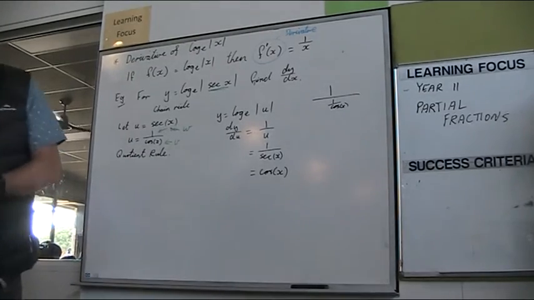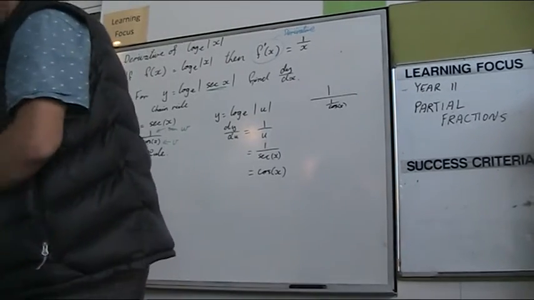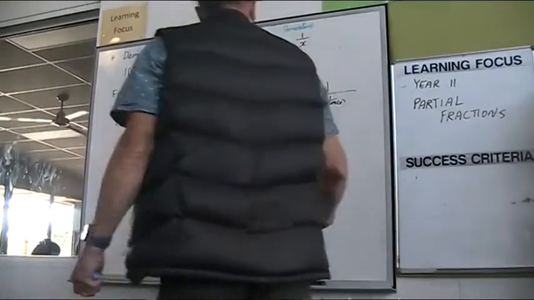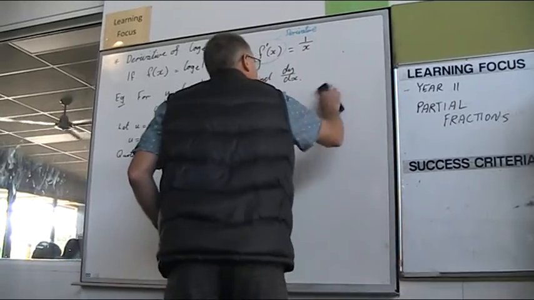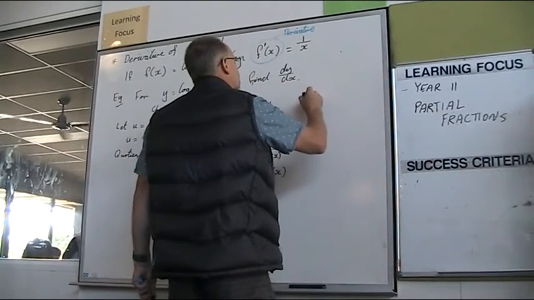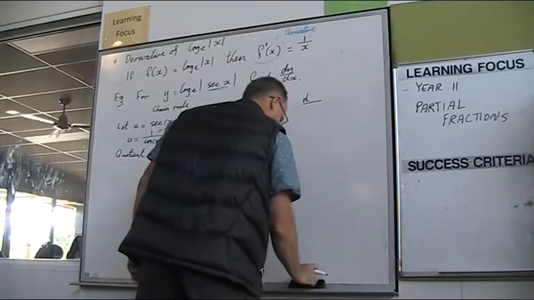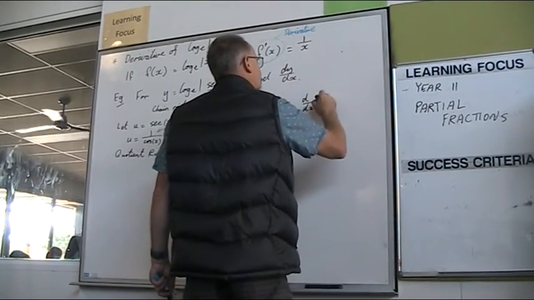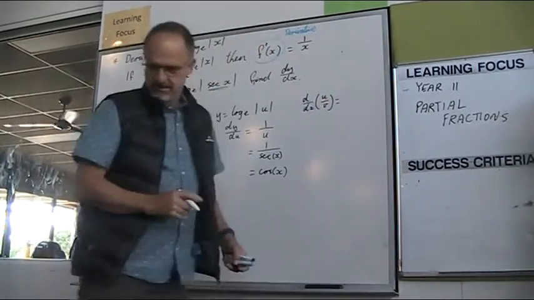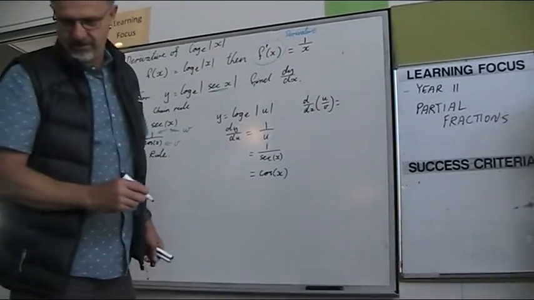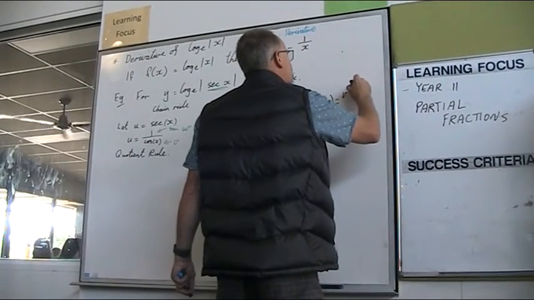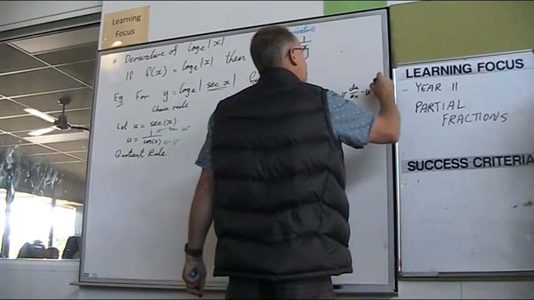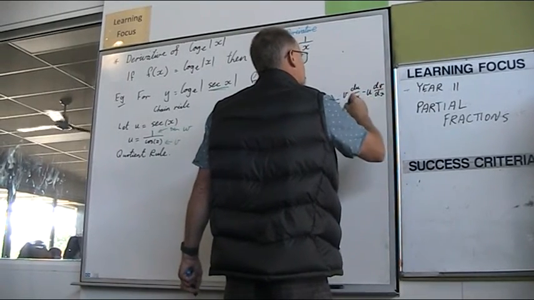All right, so quotient rule says u over v says v times the derivative of u minus u times the derivative of v, over v squared.